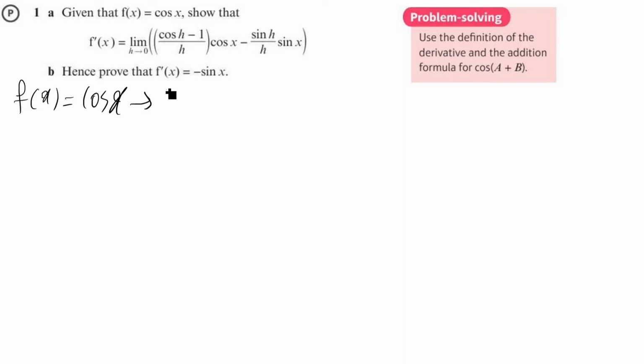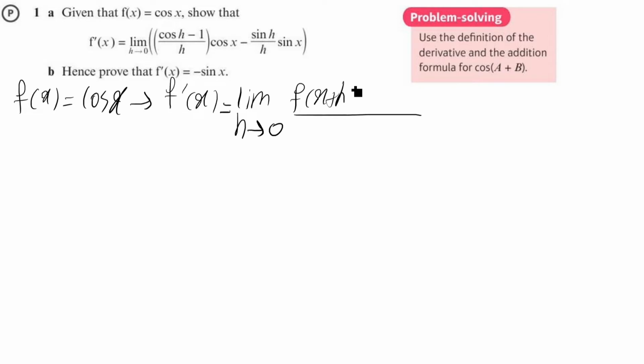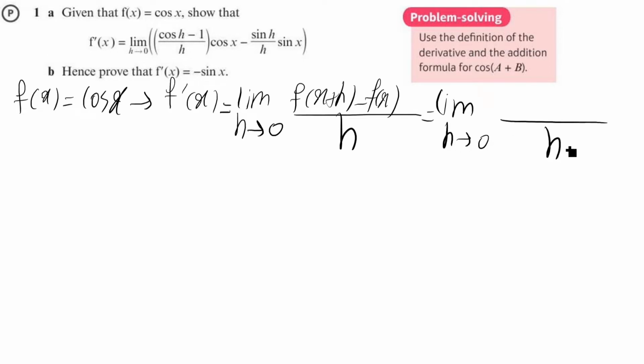which is f dash x equals limit of h approaches 0, f of x plus h minus f of x over h. Okay, now we write this again, and the denominator remains the same, and here our function is cos, so it will be cos x plus h minus cos x.